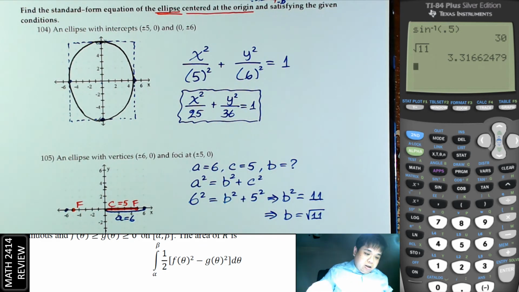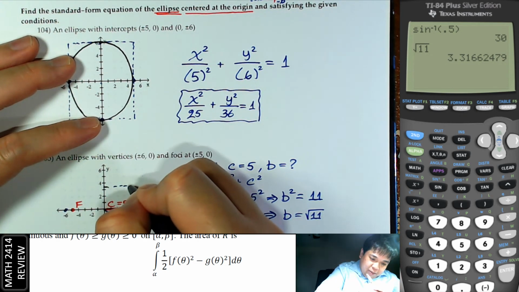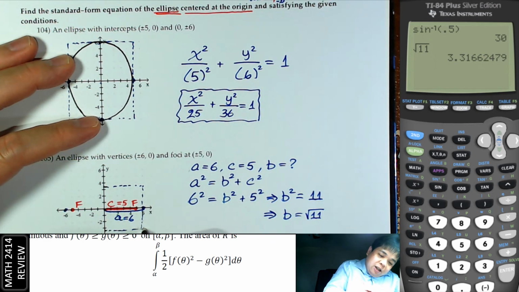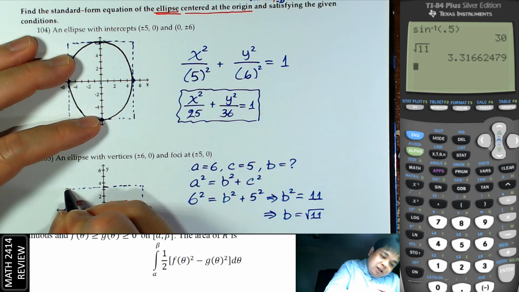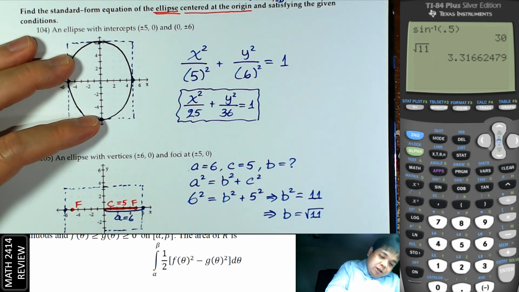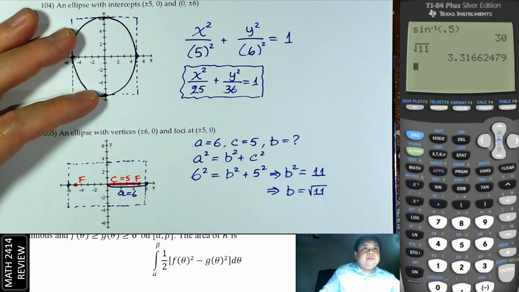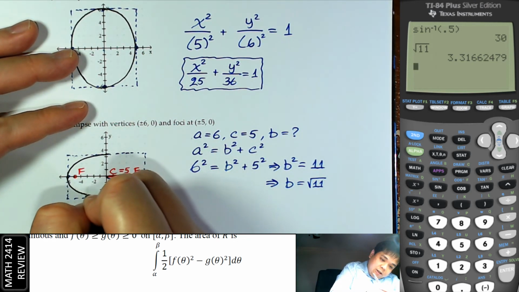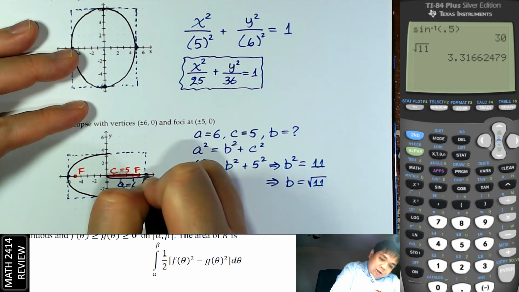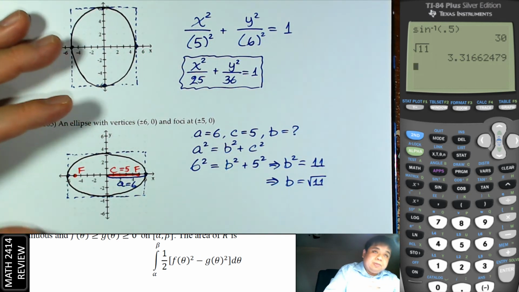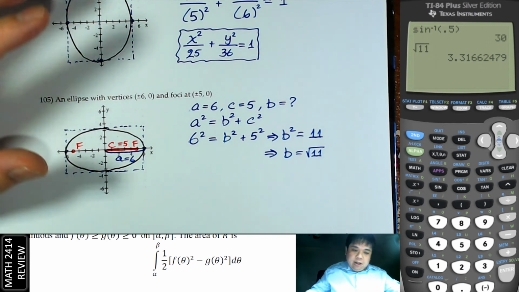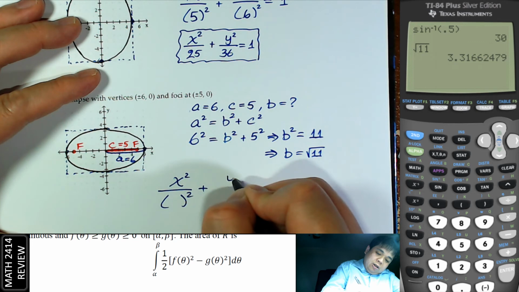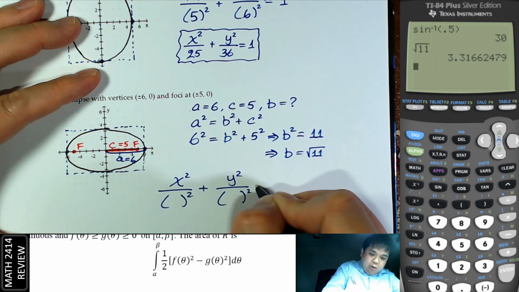So we have the box up and down about 3.3 units, left and right 6 units, and the ellipse will fit inside this. Right, so the equation is x squared over something square plus y squared over something square equal to 1.